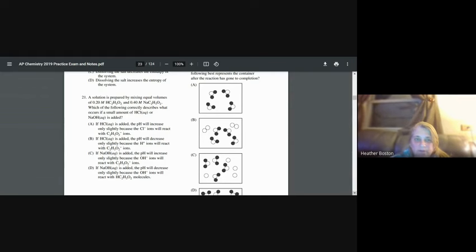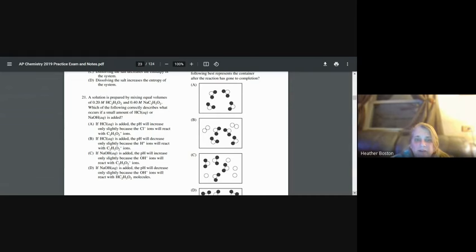Not true. Next one says if HCl is added, the pH will decrease only slightly because H plus will react with the acetate ion. H plus is a positive, acetate ion is a negative. That makes sense. But let's analyze the other ones and see if that makes the most sense.